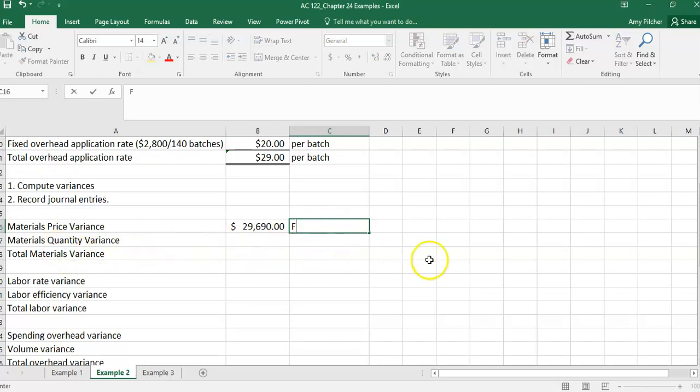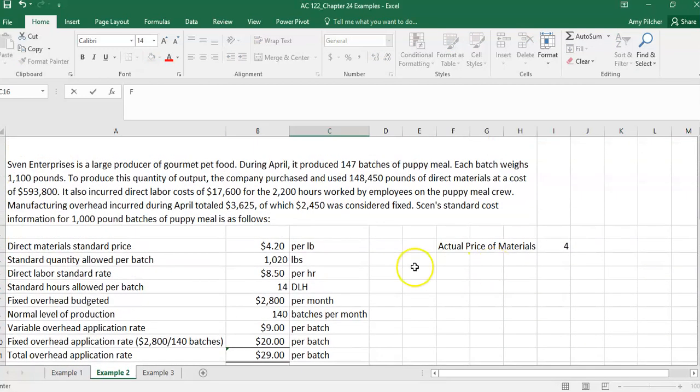Now we need our quantity variance. So for our quantity, we know what our actual materials used were, 148,450. So we need to know the budgeted amount of materials. So we have the standard quantity allowed per batch is 1,020 pounds.